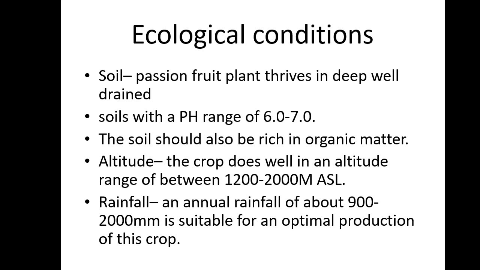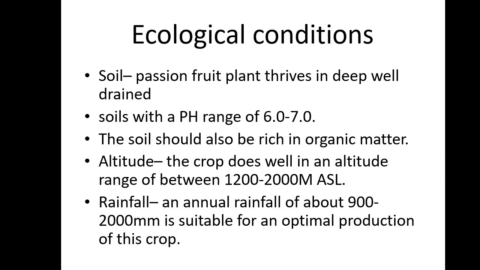So when the soil is rich in organic matter, then the vitamin content is going to be high in the fruits. Then again, we have the altitude that is supposed to be 1200 to 2000 meters above the sea level. And then the rainfall is supposed to be 900 to 2000 millimeters. So you can see that the range there is wide.